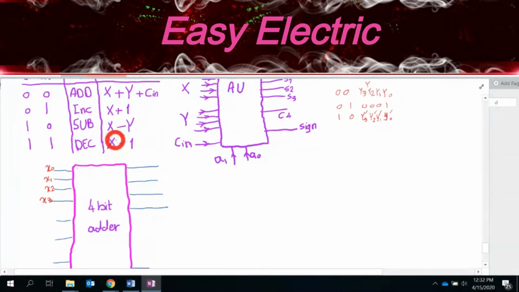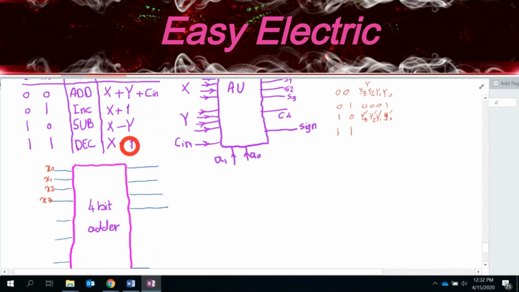a 4-bit subtractor. So tell me this: whenever this is the case, you have 1, 1 as A0, A1, and you want to do x minus 1, what should be these 4 inputs here? X minus 1 is what we should have here whenever that's 1, 1.